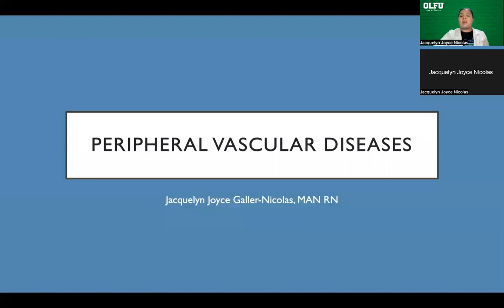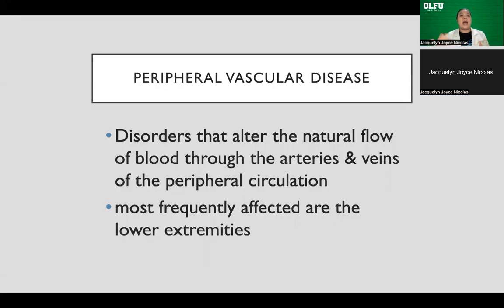Now, when we talk of peripheral vascular diseases, tandaan, these are the disorders that alter the natural flow of blood through our arteries and the veins of the peripheral circulation. The most frequently affected, kasi nga periphery, are our lower extremities, as compared to upper extremities.